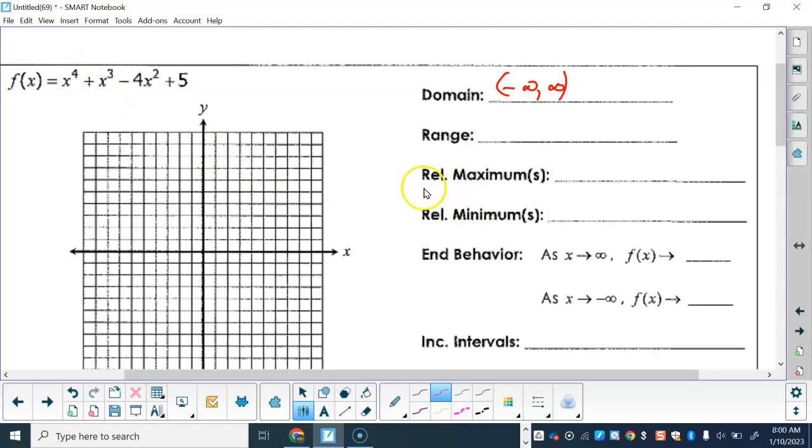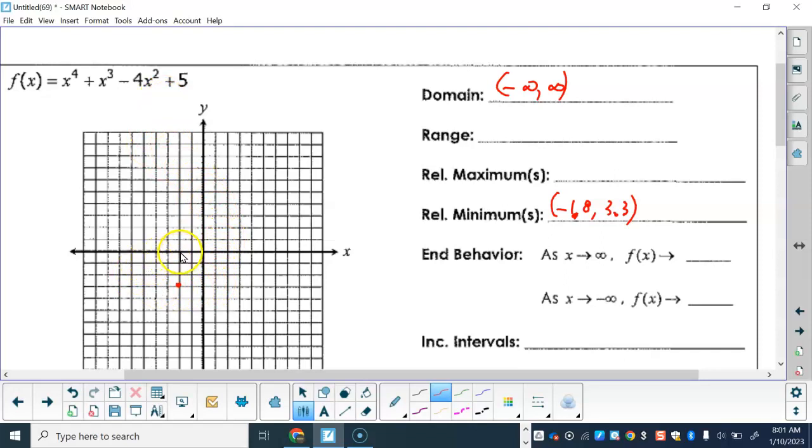It is a relative minimum, and that one is at negative 1.8, negative 3.3. Negative 1.8 is close to there. If you put this in the graphing calculator, you can find the minimum.